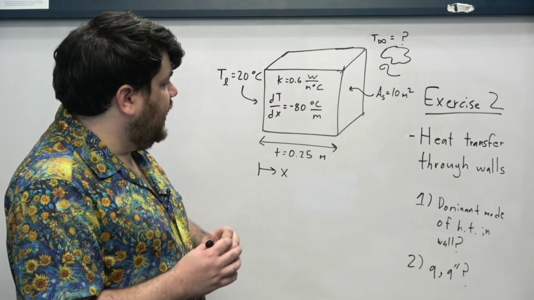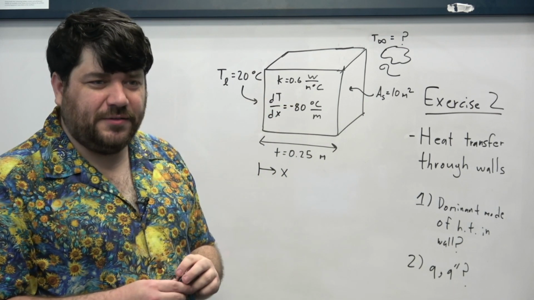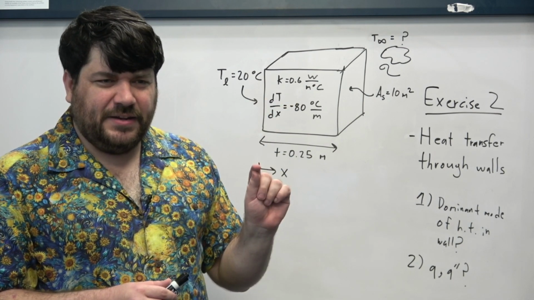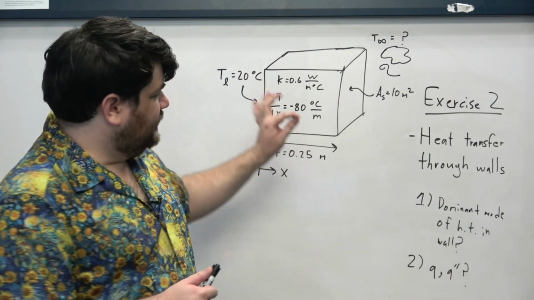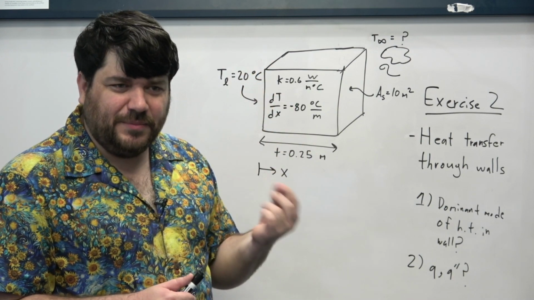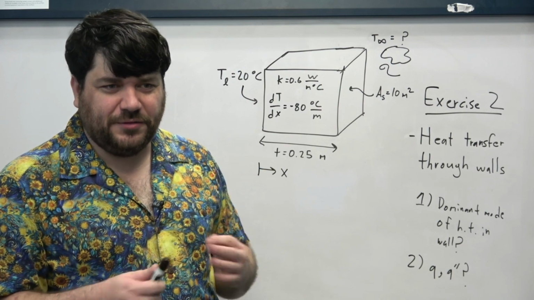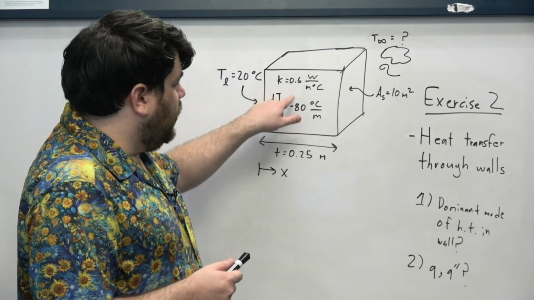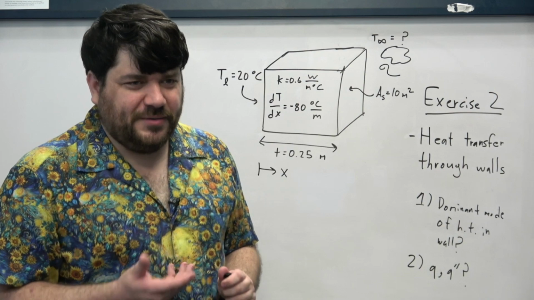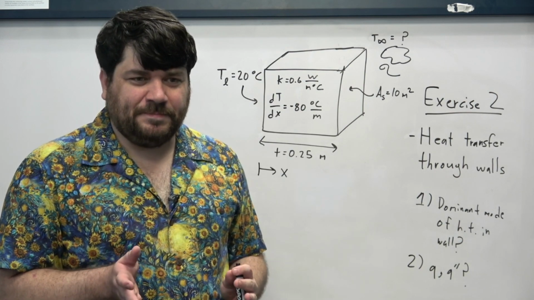Because if you take any point on the inside of this wall, any point of material inside of this wall is just going to be made of solid, right, of brick. And all the points that are surrounding it are also going to be made of solid brick.